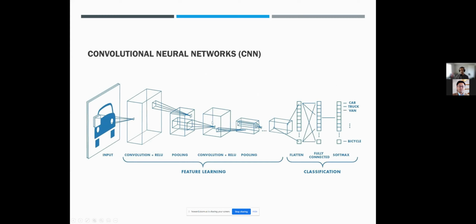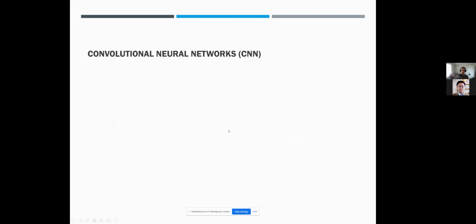Then you put it into another convolving layer, then pool it again, another convolve. You go as many layers as you can to get the most accurate prediction. Then once you have your data scaled to the right point at the end of the model, it can then go through the fully connected layer and output what the image is. And that's where you classify it at the end. That's what a convolutional neural network does.